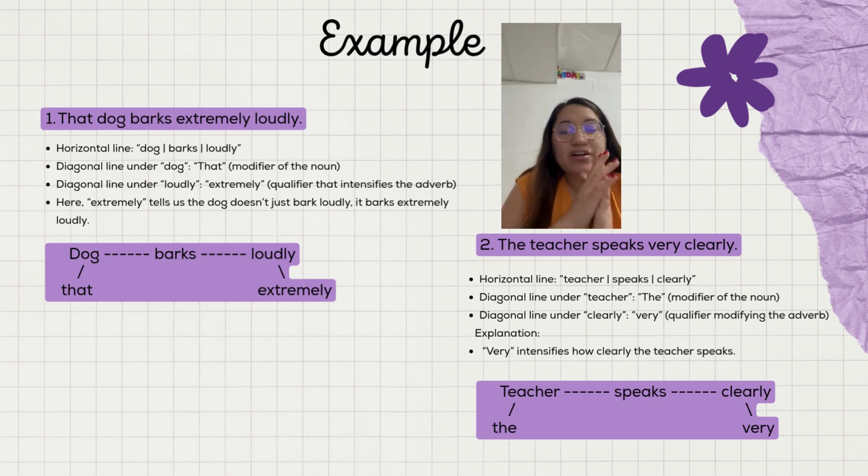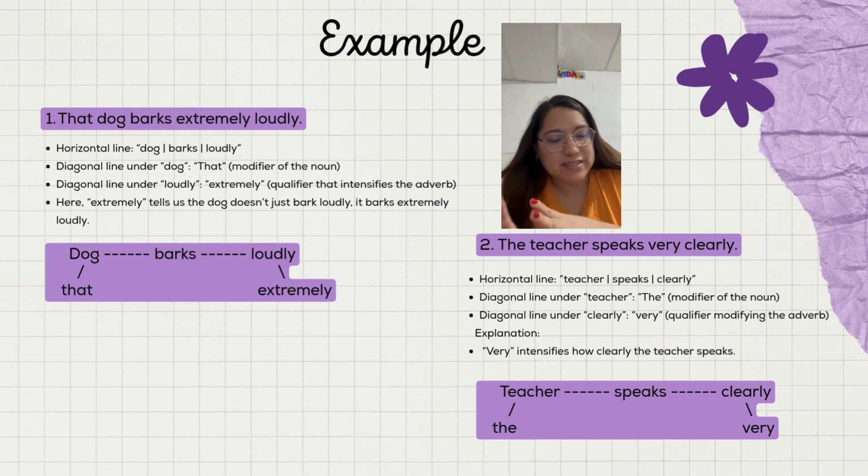Diagonal line under speaks: clearly. Under clearly: very, a qualifier that modifies the adverb. Explanation: very intensifies how clearly the teacher speaks.